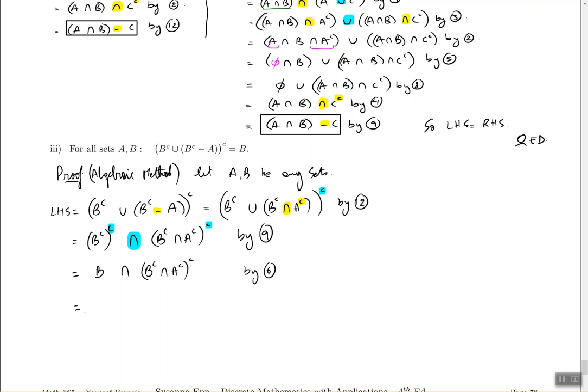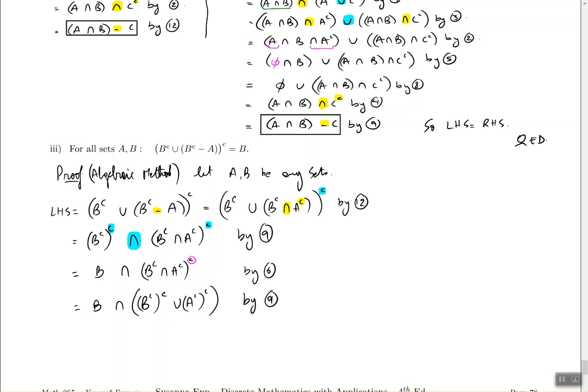This way everything stays organized and I'm not making accidents or silly mistakes. Now, I'm going to take the C that is on the outside and give it to the letters on the inside. So it's going to say B intersect with B complement complement again, union A complement, and then complement again. Okay, this is true by De Morgan's law.